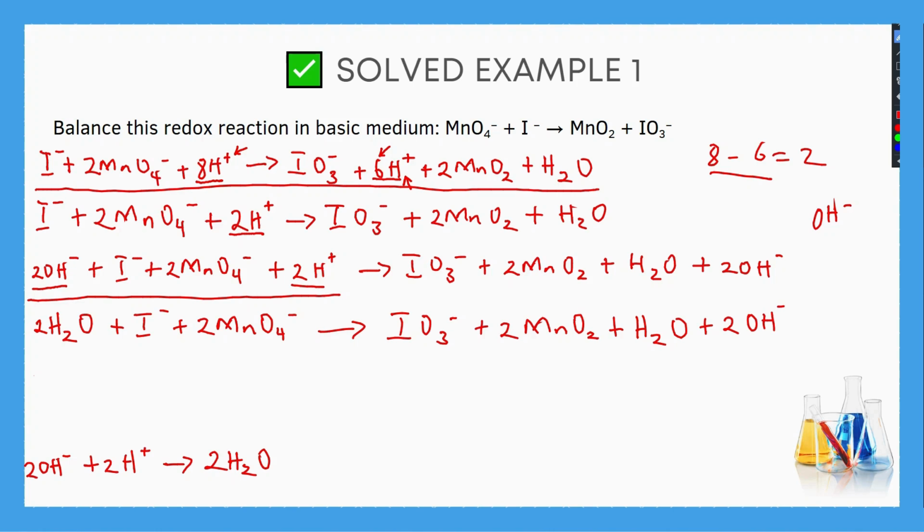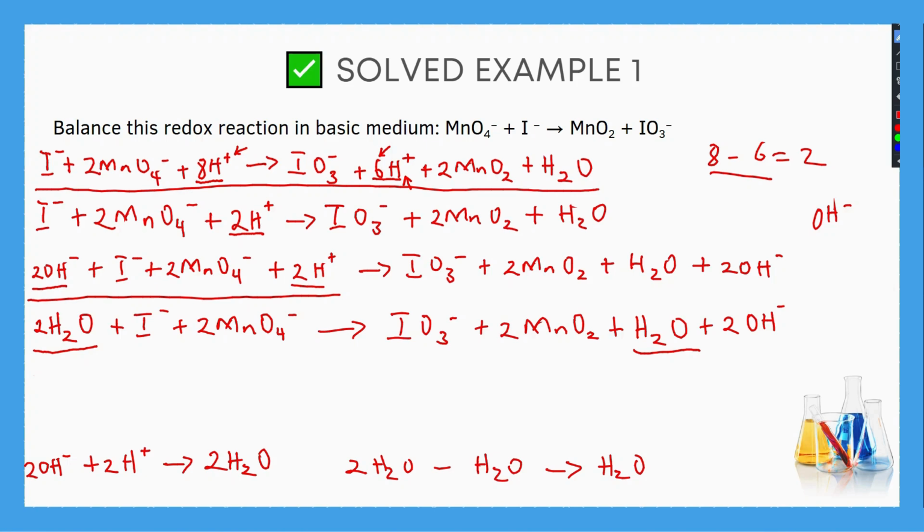Now, what does the next rule say? It says cancel out any water molecules that appear on both sides. So now let's check out. On this right hand side, we have one water molecule. On this left hand side, we have two water molecules. So what does that tell us? We need to cancel out. So if we cancel out, it becomes two water molecules, 2H2O minus one water molecule. So what will be left is just one water molecule.